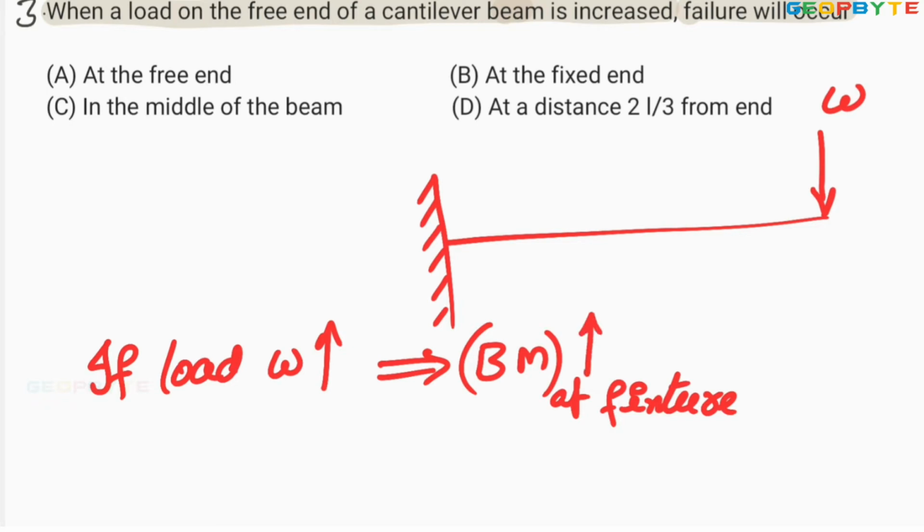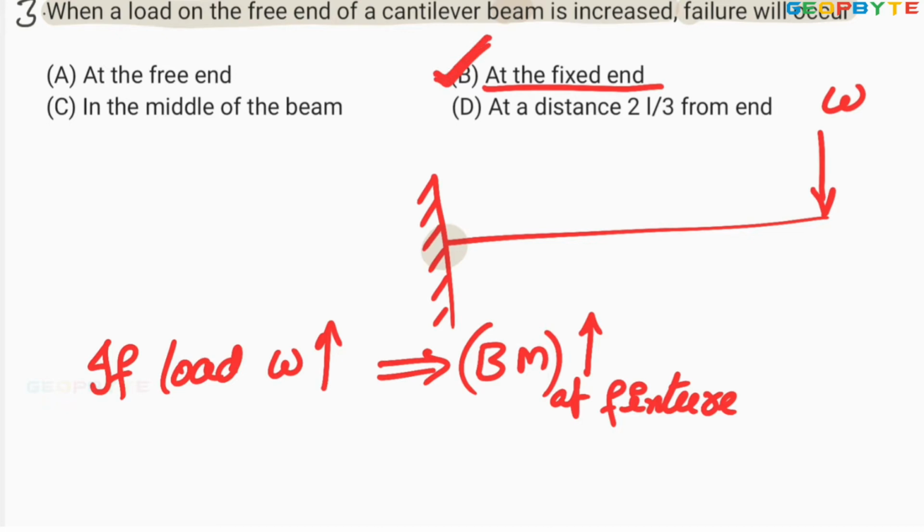If the bending moment at the fixture increases, the chances of failure are more at this fixture level. So the chance of failure is more at the fixed end. Therefore, option B is absolutely correct.